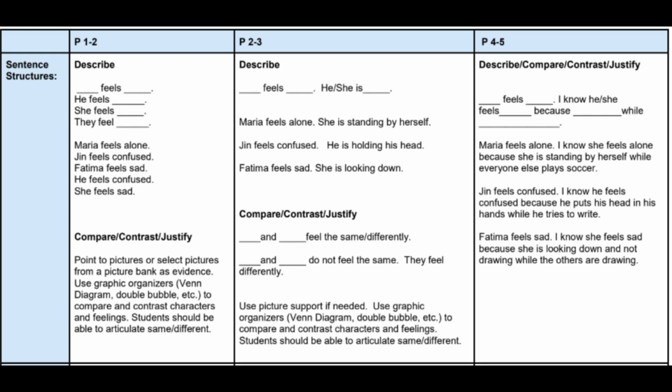An intermediate level frame and an advanced level frame. So here in our differentiated language planner, you see a couple of examples of how you could differentiate that from beginner, intermediate, and advanced. The key is you want to keep everyone, regardless of their proficiency level, focused on speaking and writing about cause and effect.